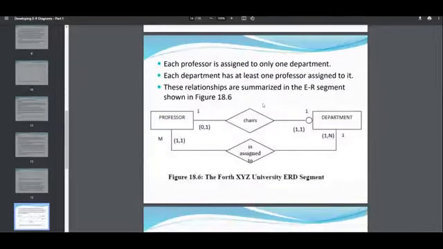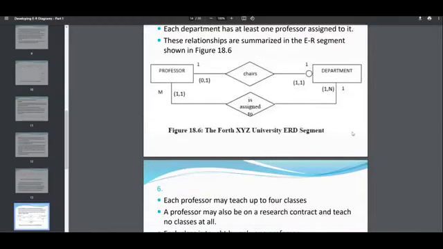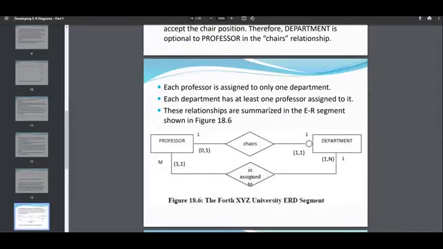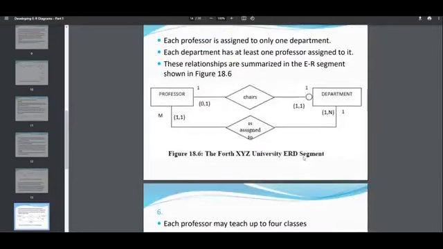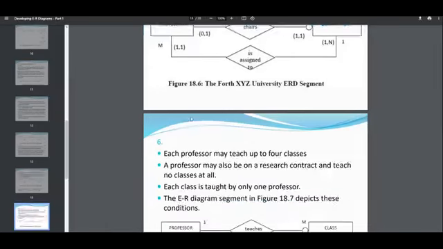While you are drawing and mapping the ER diagram, you have to follow these. There are no new things in these sections. Professor, chairs, department, maybe optional. So who is optional, professor or department? Now you know who is the optional one, and what the maximum or minimum should be.